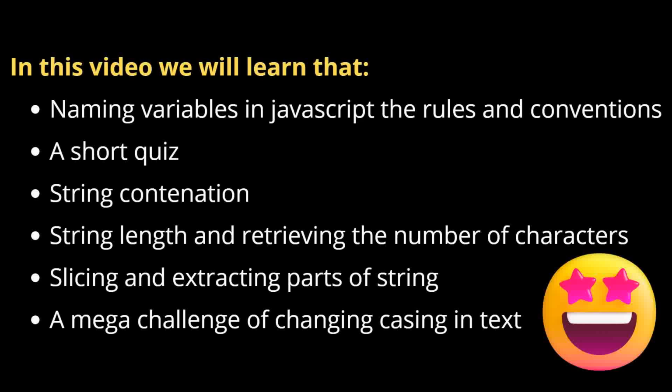In this video, we will learn how to name variables in JavaScript, the rules and conventions for naming the variables. Then there will be a short quiz. After that, we will learn about string concatenation, string length and retrieving the number of characters, slicing and extracting parts of a string, and at last you will have a mega challenge of changing casing in the text.